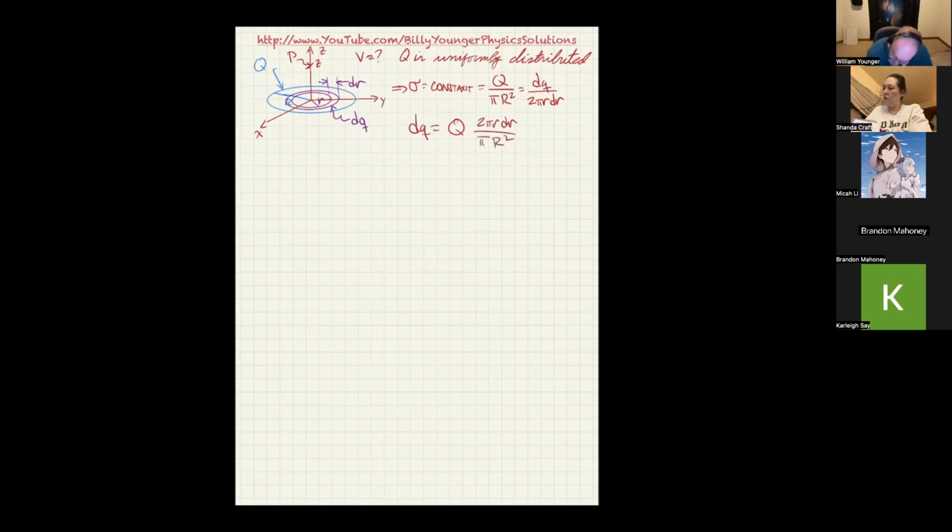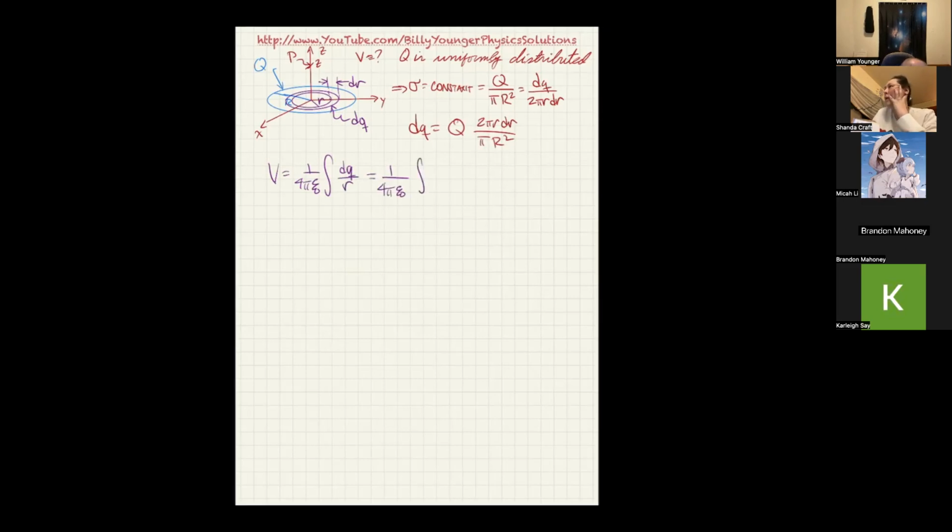Okay, so I can now say V is equal to 1 over 4 pi epsilon naught times the integral dq over r. So this becomes 1 over 4 pi epsilon naught.